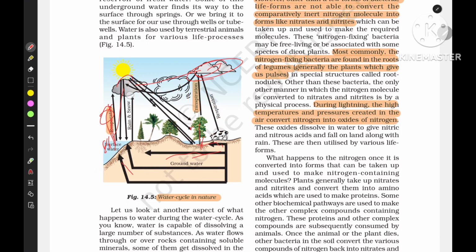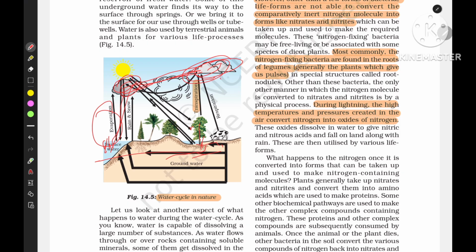So this is very simple: water goes from the ground to the sea, and evaporation occurs, and this again condenses when cooled down and forms clouds, which travel this way because of the wind direction.